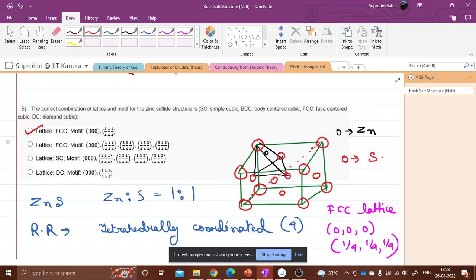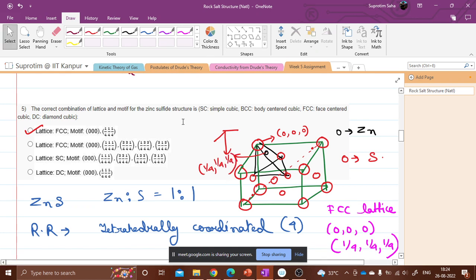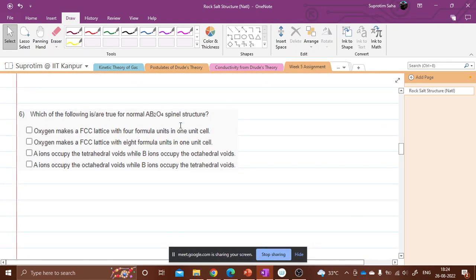If you consider this as 0, 0, 0, and your coordinate system is like this, then this basically is your 1 by 4, 1 by 4, 1 by 4, right?